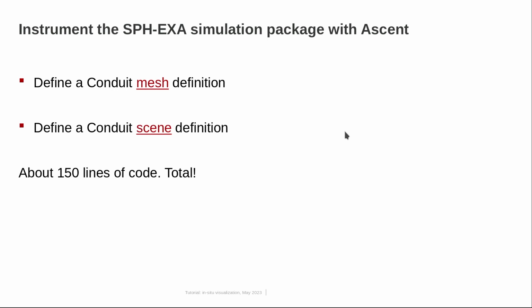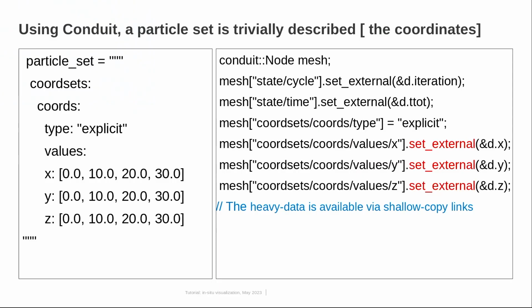Okay, the scene I've shown you is a total of 150 lines of code. Not bad if you think that with this you also get free I/O. You get all your data saved as HDF5 files. So that's pretty nice.